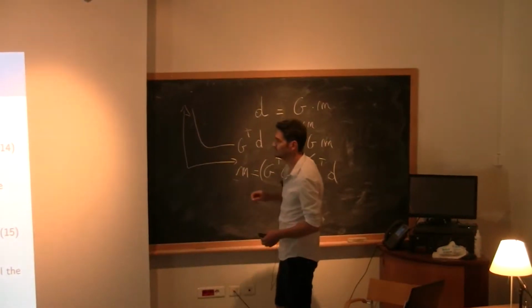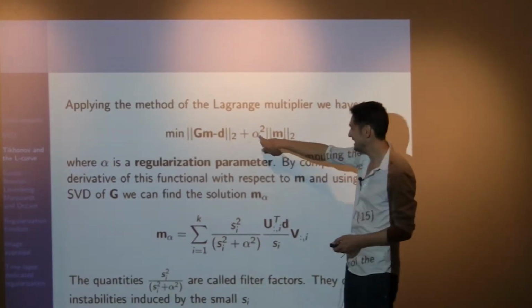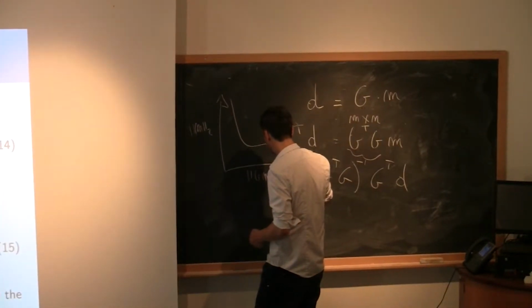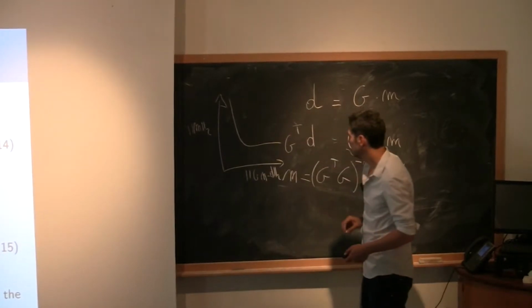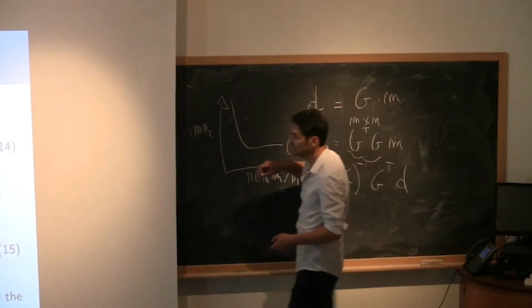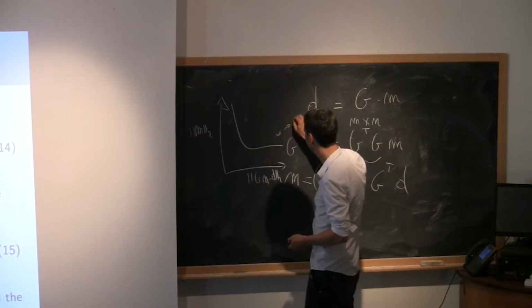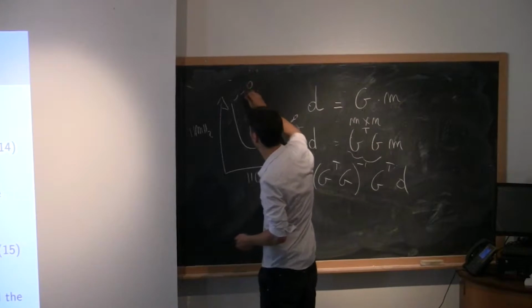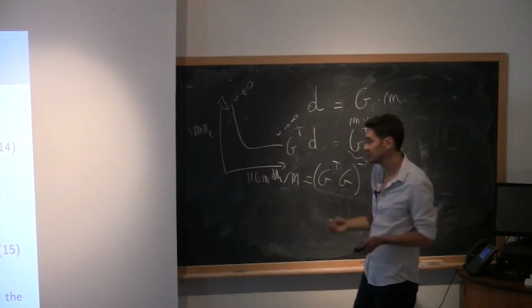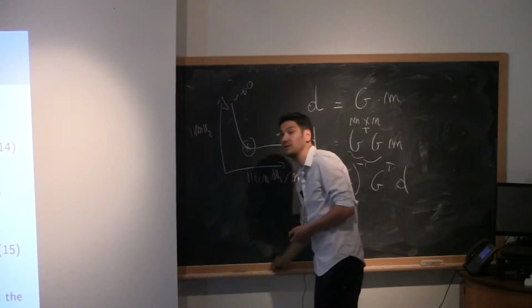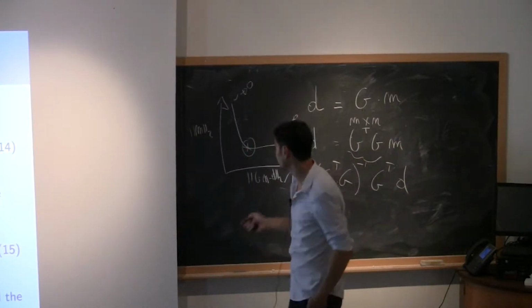If I have really high values of alpha, my M is going to be minimized, so I'm going to have my M here. And the other way around, I'm going to have my GM minus D here. So really low values of M for high values of alpha towards infinity, and here alpha towards 0. And basically the L curve solution is trying to pick something that is of maximum curvature here, and that is just the choice that you make in terms of the selection of these alpha parameters.